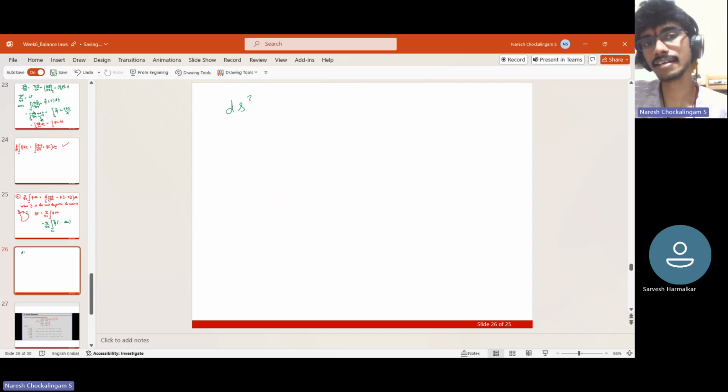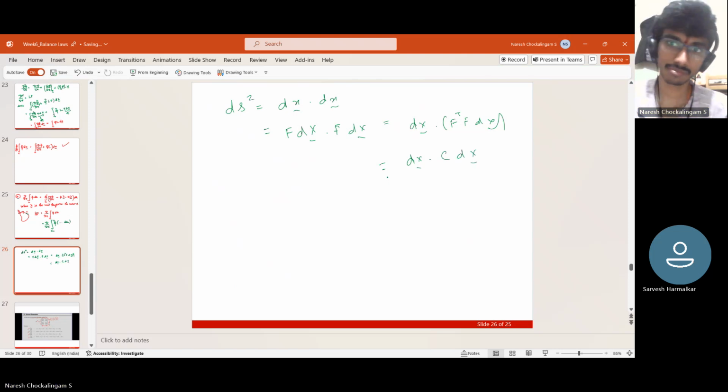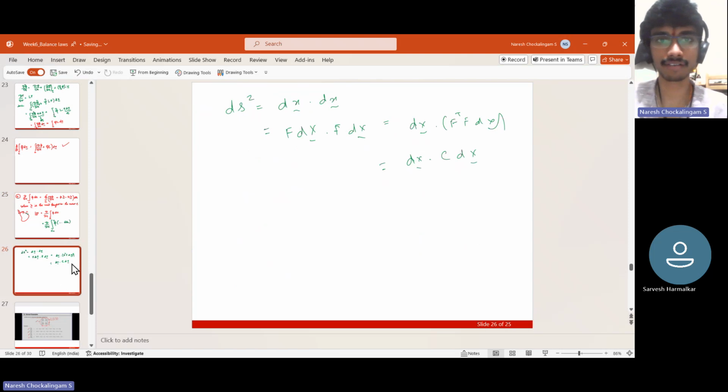So we have that ds squared is equal to dx dot dx, but this is nothing but F dx dot F dx. This is nothing but dx dot F transpose F dx, and this is nothing but dx dot C dx. So we have a small ds. What about small ds? It is nothing but the square root of dx dot C dx.